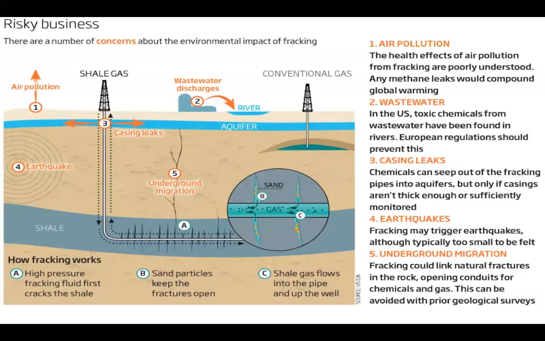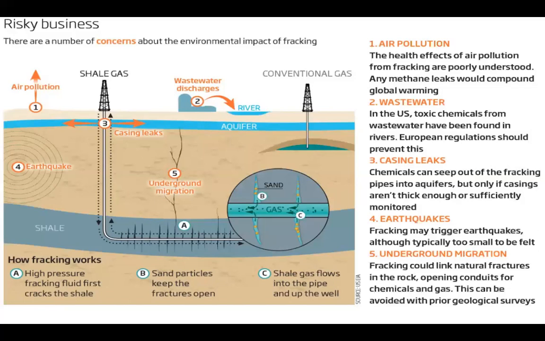But there's always something like sand, right? They push sand into the water because when they push this water into the ground under high pressure, it causes fissures to appear. It causes the rock to break apart. And then if you release the pressure, the rock would just go back together. So you inject sand into the well at the same time, and the sand particles get up into those little fissures and they keep them open.